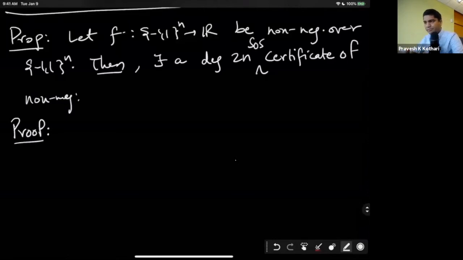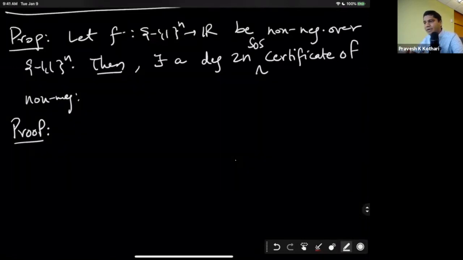As we'll see, degree 2n is quite bad. In some sense, it will amount to exponential time algorithms once I tell you about algorithms. But at least this is telling you that this system of finding certificates of non-negativity is complete. Whenever you look for it, there is one. It might be of prohibitively high degree, but there is one.